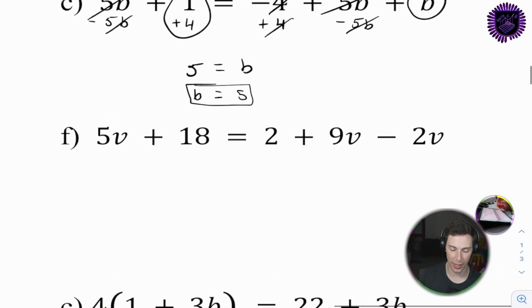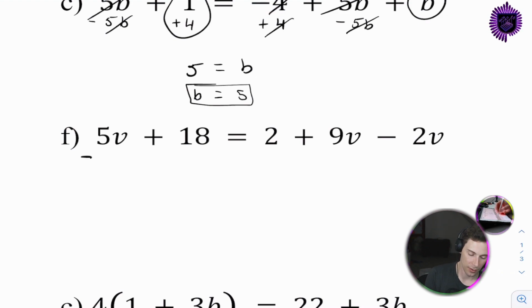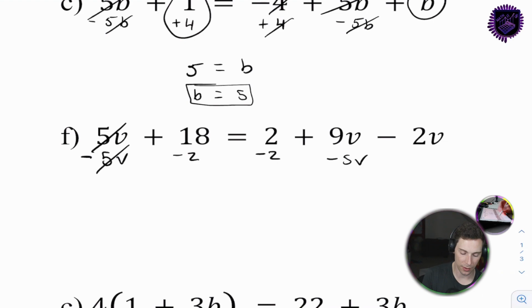This one doesn't do it, but I have 2 variables here, 1 variable here. So let's do this. We'll subtract 5v, and we will subtract 5v, and we will subtract 2, and we will subtract 2. So canceled here, canceled here.